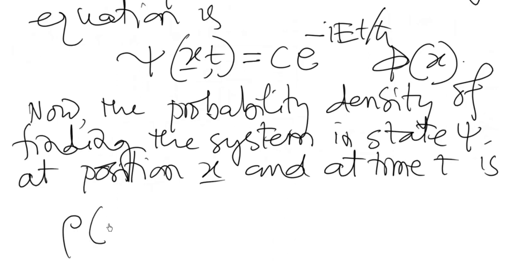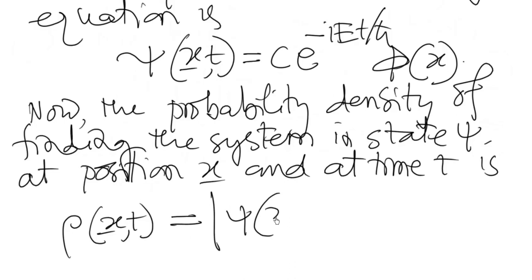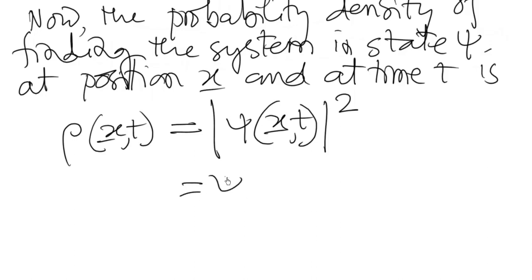So if it is rho, then this is modulus of psi squared. Usually modulus of psi squared means psi star into psi.